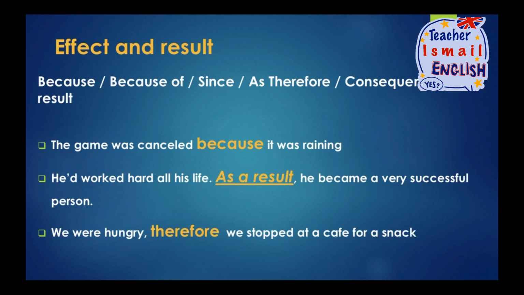As a result, he became a very successful person. We were hungry. Therefore, we stopped at a cafe for a snack. So we have because, as a result, and therefore, etc. And these linking words are expressing the effects and the results.